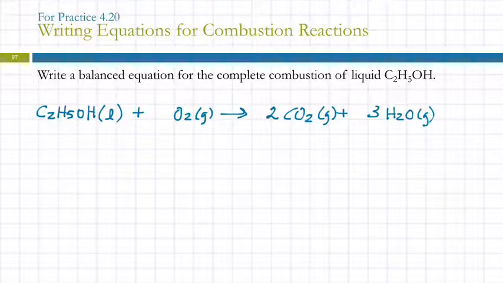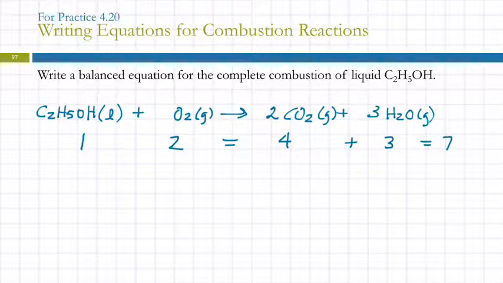Now let's look at our oxygens. So I've got 1 oxygen in the ethanol, and I've got 2 oxygens there, and that needs to equal what I've got over here. So in 2 CO2s, I have 4 oxygens, and in 3 water molecules, I have 3 oxygens. So that's 7. 1 plus 2 does not equal 7.